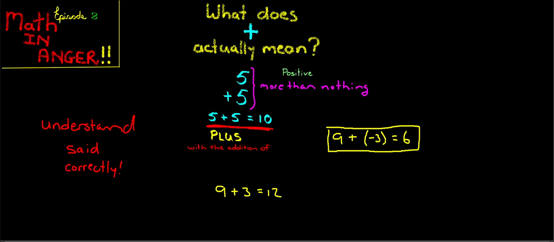There's one other thing I need to do before I sign this off. This picture is not the plus symbol, it is not the summation symbol. The correct name for that picture is the addition symbol. You are adding things, you are adding values to each other, not numbers. Keep in mind, you are not adding this thing and this thing.